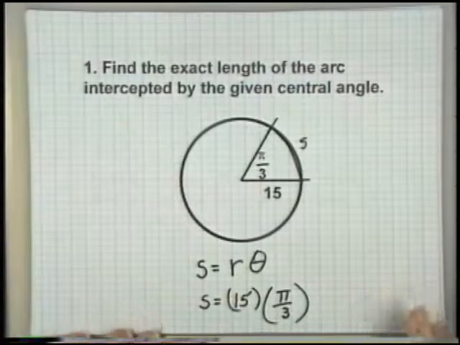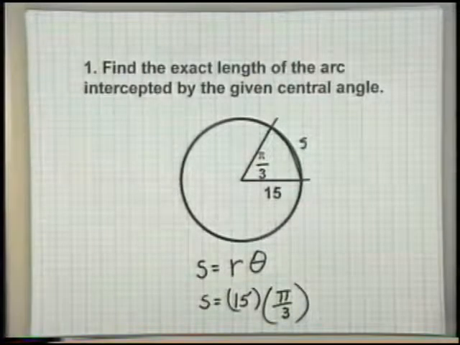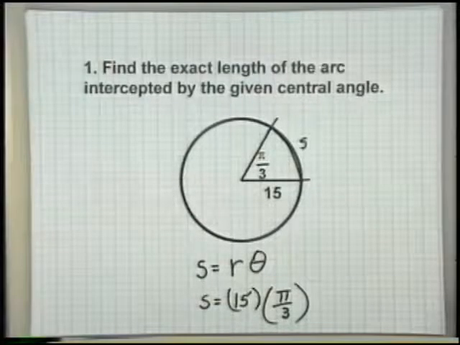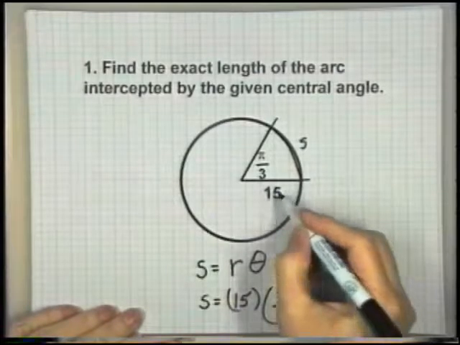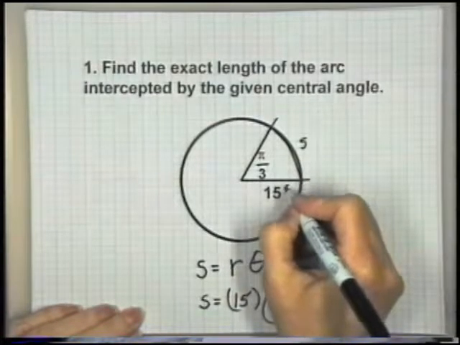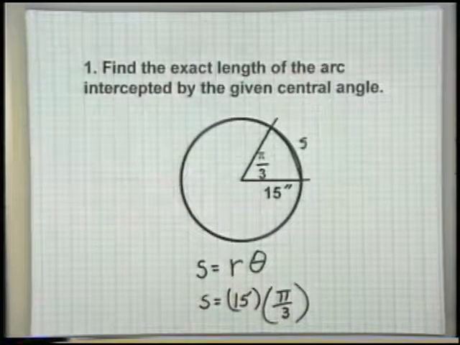Now, when I work these problems, I always like to have units for my radius. Sometimes in the book they don't give you units, but I think maybe we'll just pretend here that this radius is 15 inches.